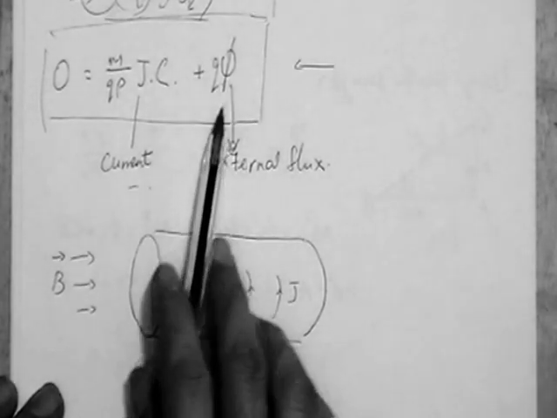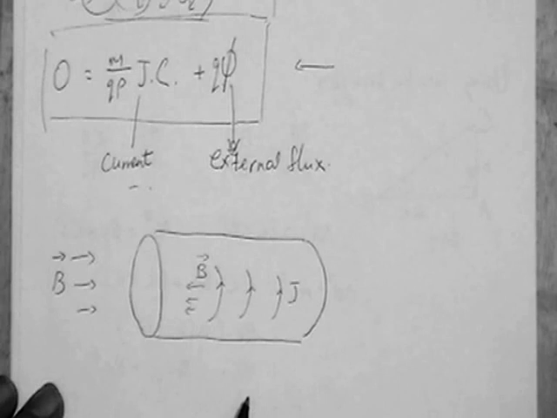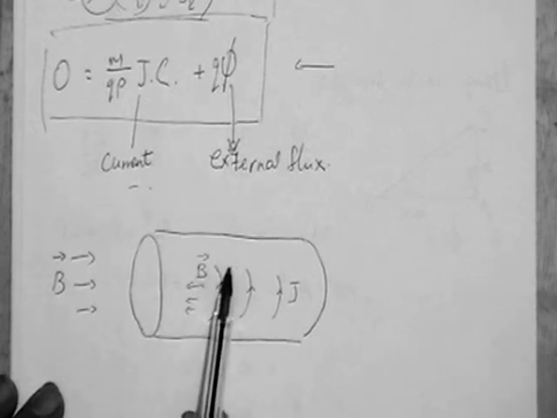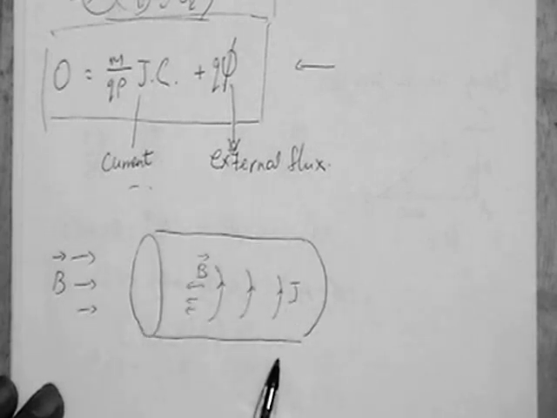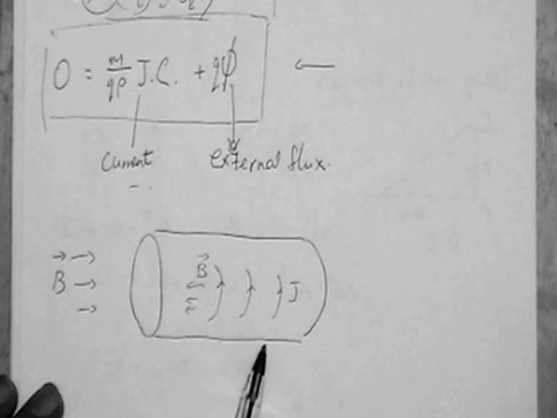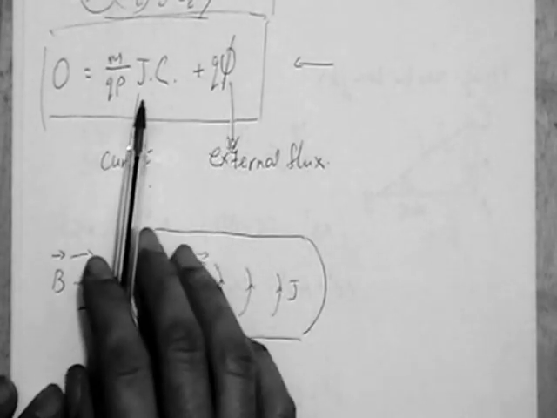We need a magnetic field in the superconductor to produce this circulating current, and yet Meissner's effect tells us that the superconductor expels the magnetic field from inside. So if it expels the magnetic field so that there's no field in the body, how can there be a circulating current, since we know that there must be a field to produce that circulating current?